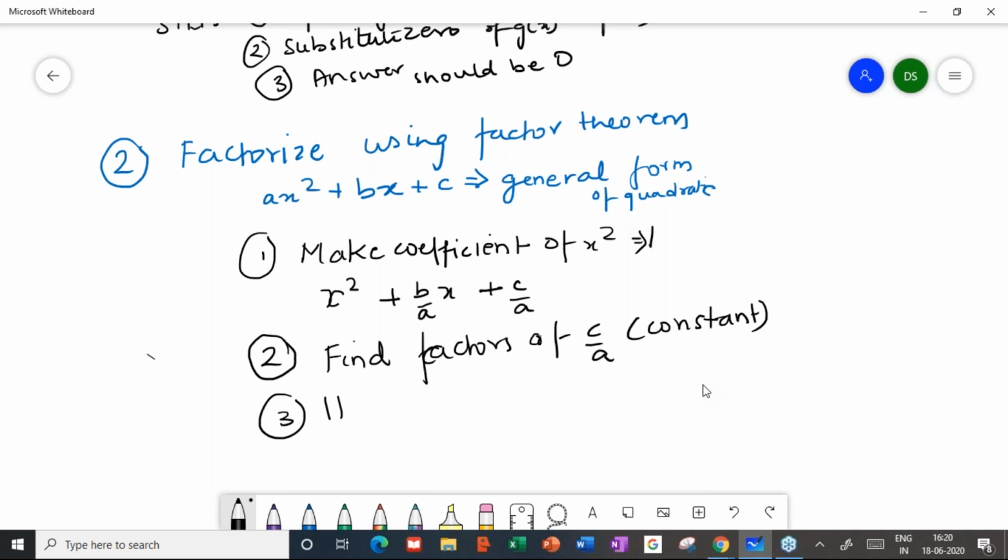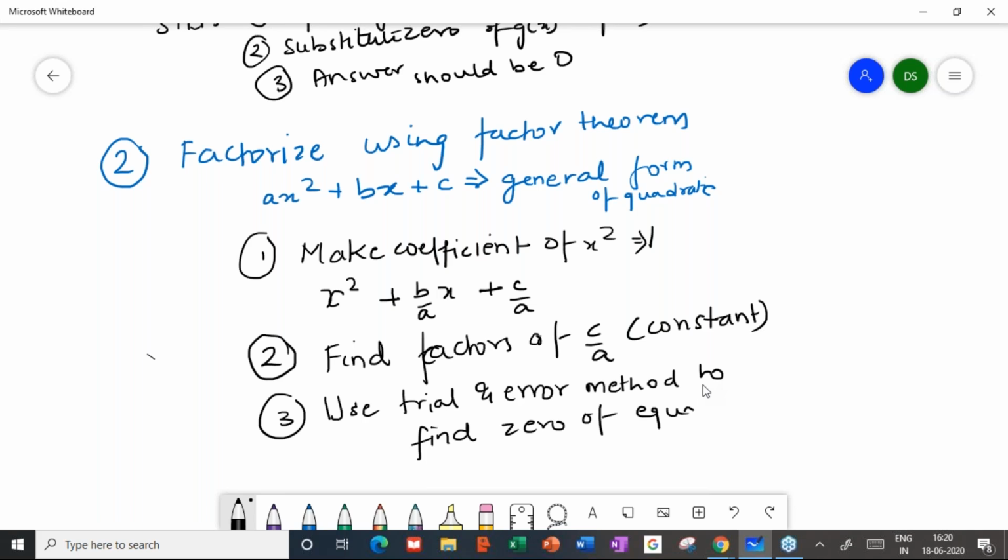Third step, use trial and error method to find zero of equation, right? So just make a note of this.